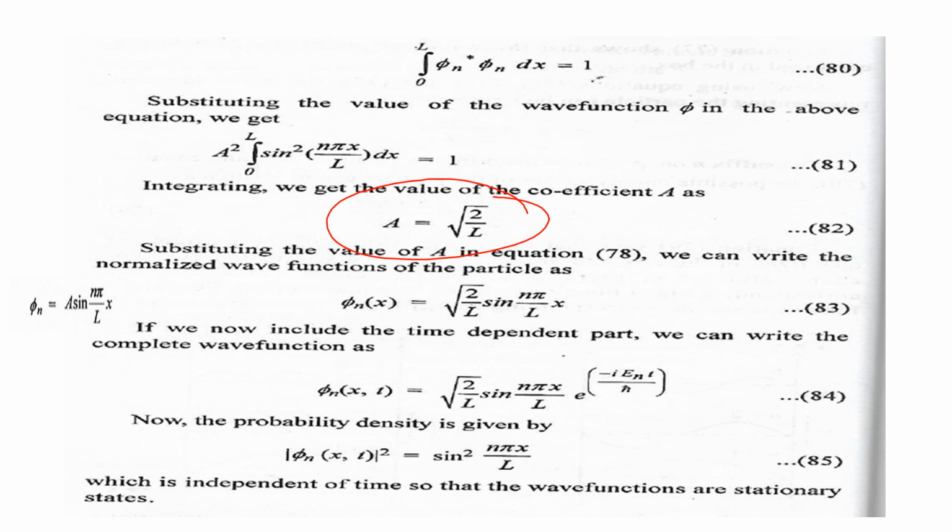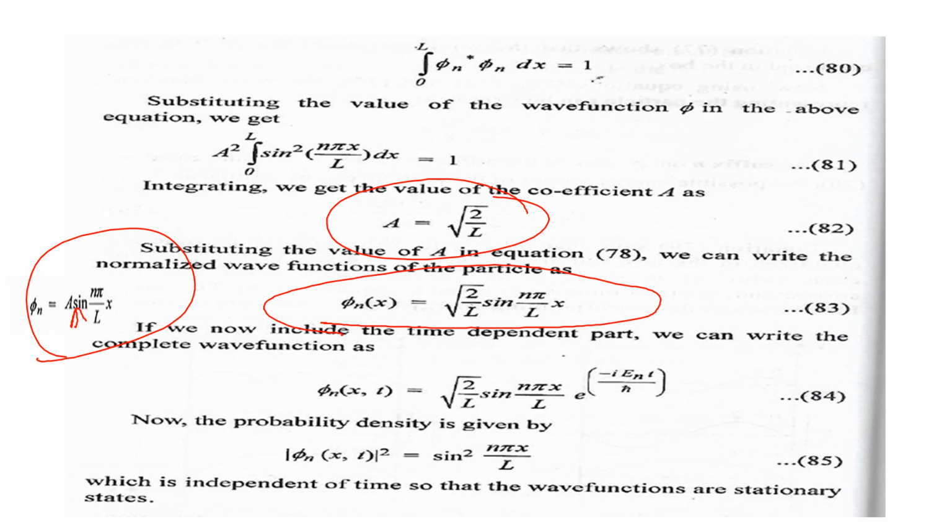Using that value in the expression for the solution of the wave function phi, which we already calculated as a sine n pi by L times x, we substitute a. So it will become root 2 divided by L sine n pi by L times x. This is the solution for the wave function phi.